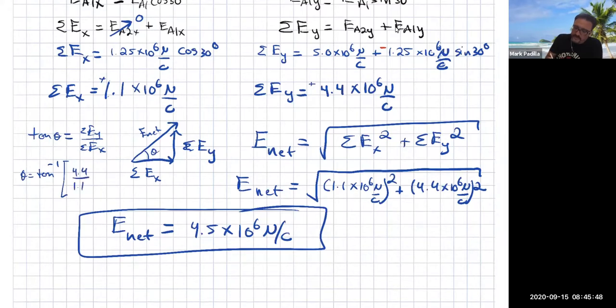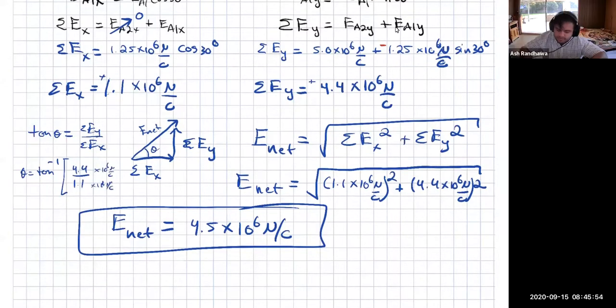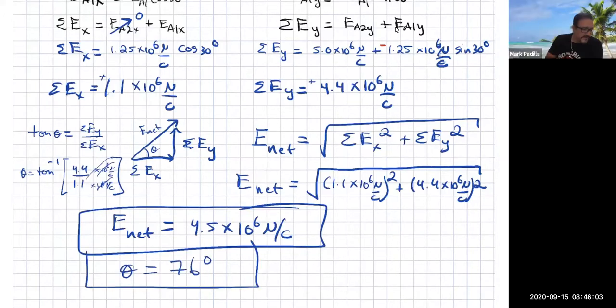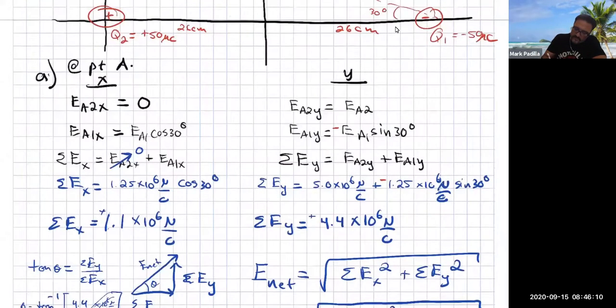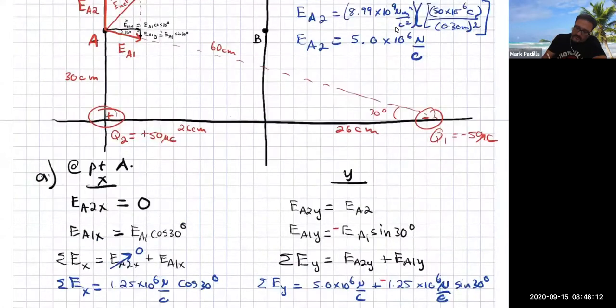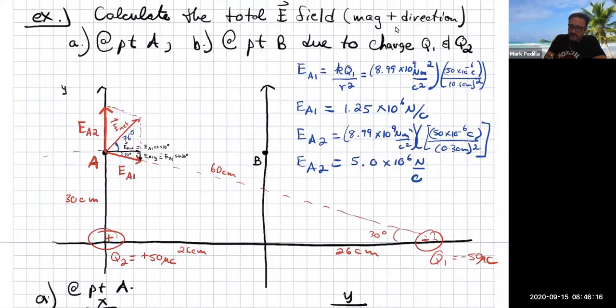Times 10 to the 6 in Newton per Coulomb all cancel. 76 degrees. Theta is equal to 76 degrees. So that angle is 76 relative to the x-axis. That's the x-axis right there.